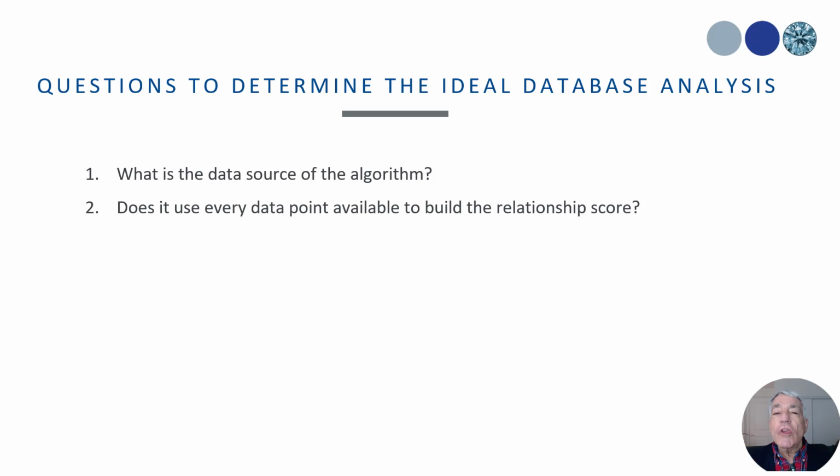Next one, does it use every data point? It's surprising. Most nonprofits have their data in, of course, one central database that records usually giving history in detail. But then you find data other places. It could be another database that is used to manage and monitor events.